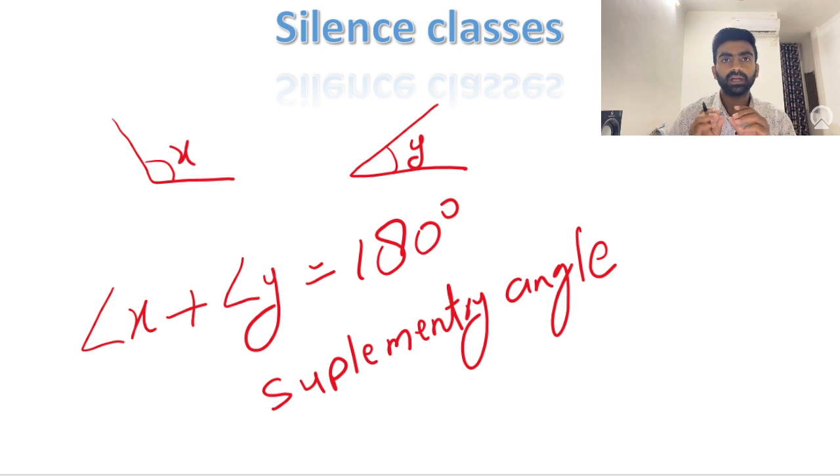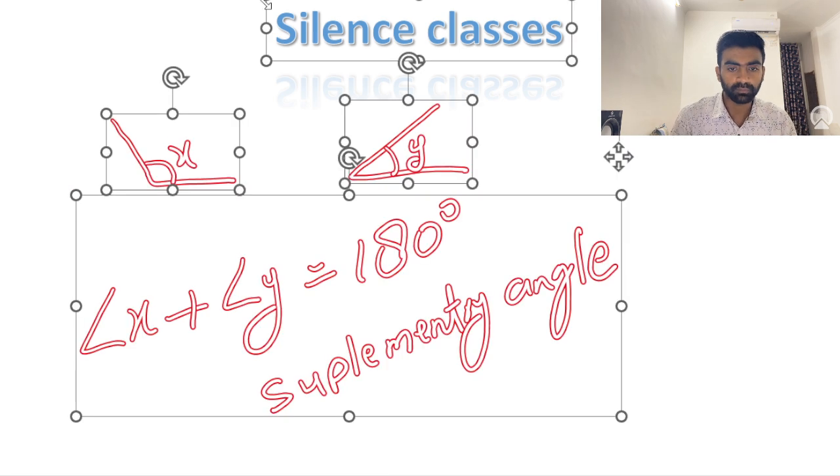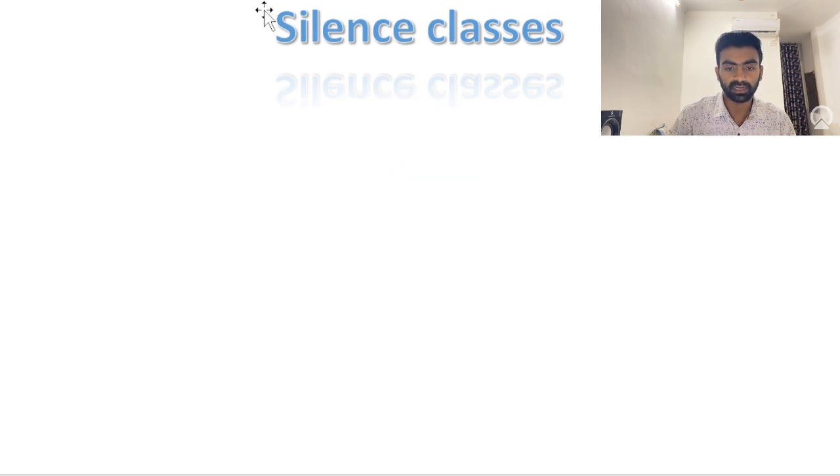If we add angle 1 and angle 2 together and the sum is 180 degree, then it is known as supplementary angles. I hope you guys understood what are complementary angles and what are supplementary angles.